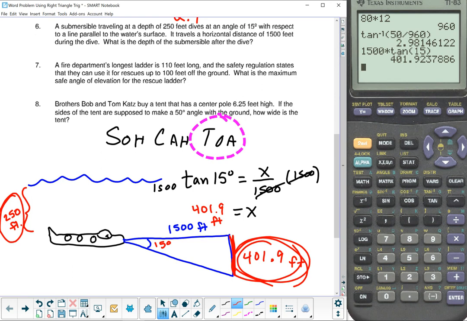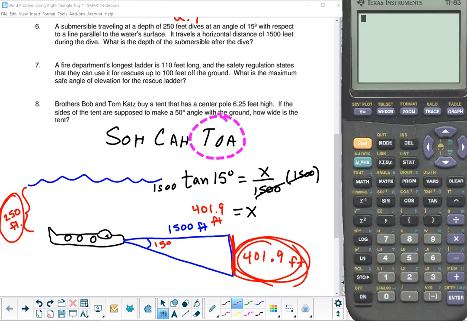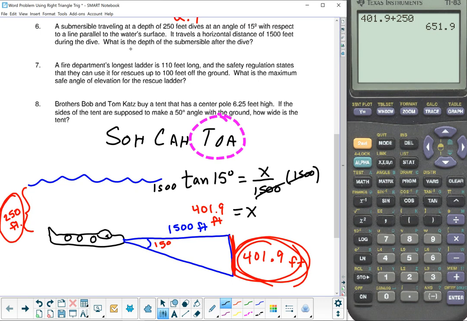So you get a total of, use a calculator if you need to, 401.9 plus 250, 651.9. So what's the depth of the submersible after the dive? It is 651.9 feet. Okay, if you want to round it a little bit more, you can say it's approximately 652. You want to keep it with nice numbers. All right.